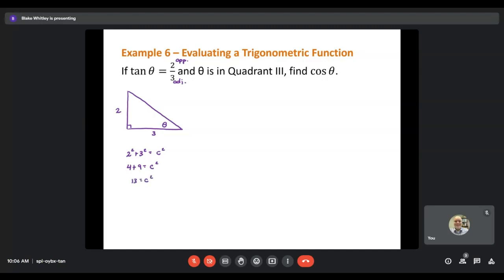And then we just take the square root of that. And so we get square root of 13 up here. Now notice here, I'm not worried about the quadrant 3 piece yet, right? I'm only drawing my triangle based off the tangent. I'm finding that missing side. Then we'll deal with the quadrant 3 piece at the end, because that's just going to tell us whether our cosine is positive or negative.